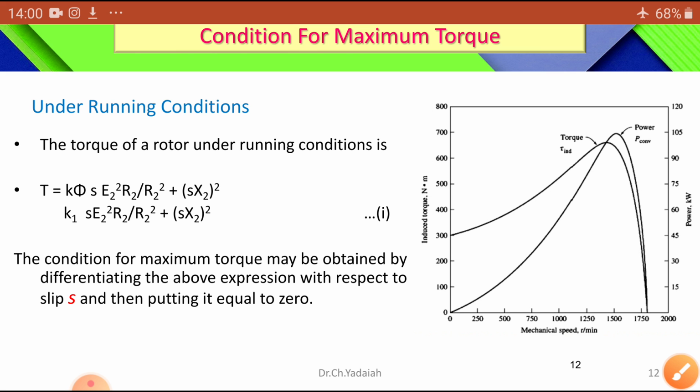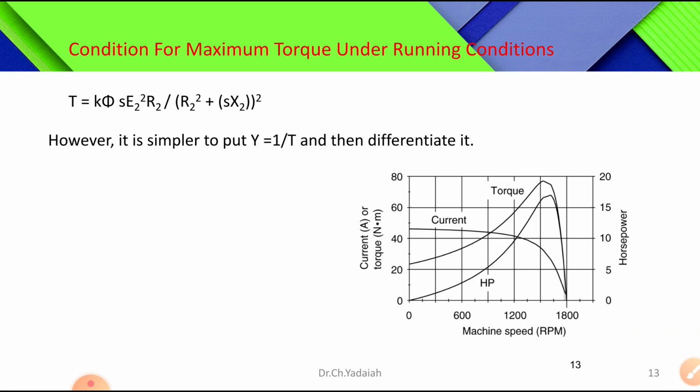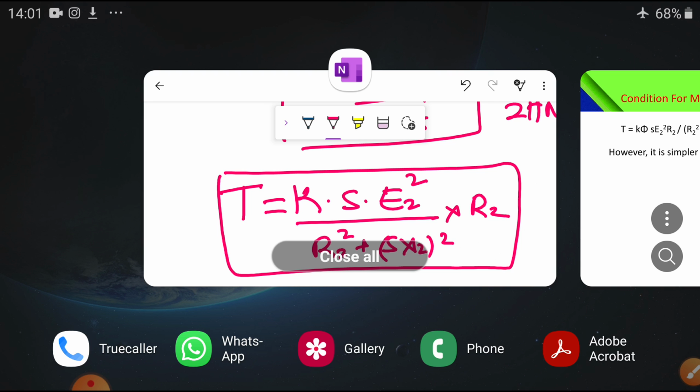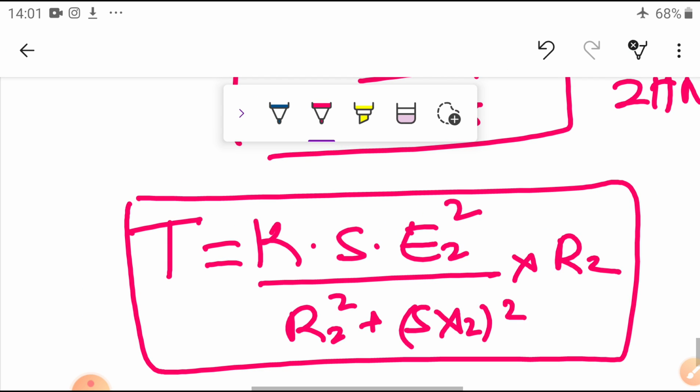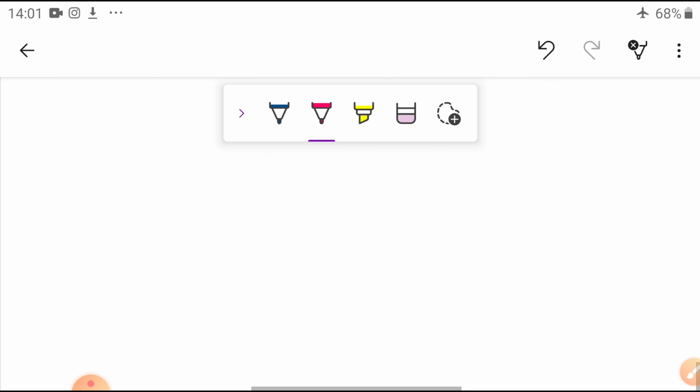Now let us prove it: conditions for maximum torque under running condition. So now what are we going to do? What is the torque equation?